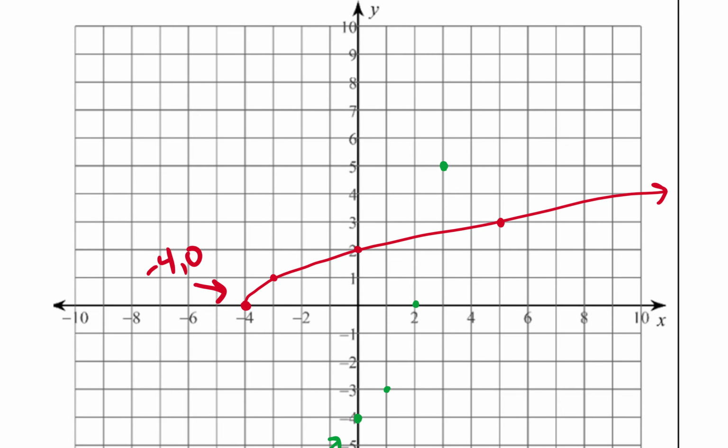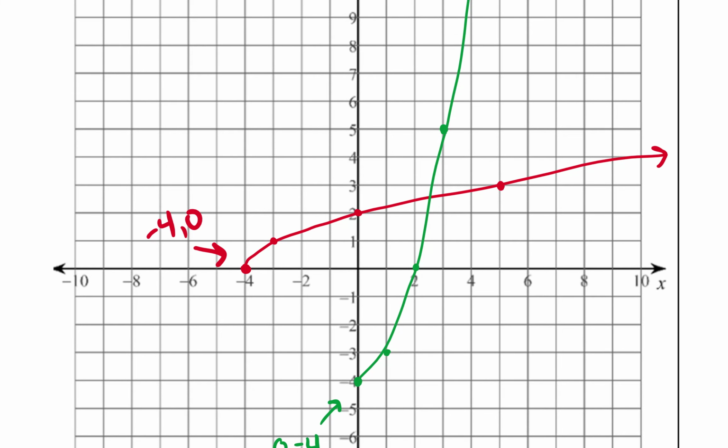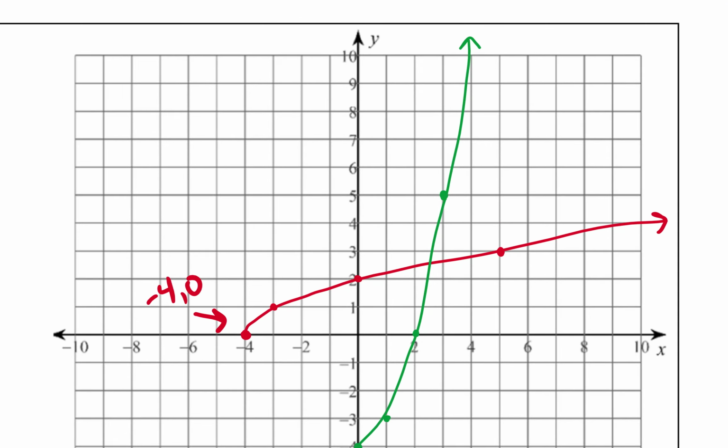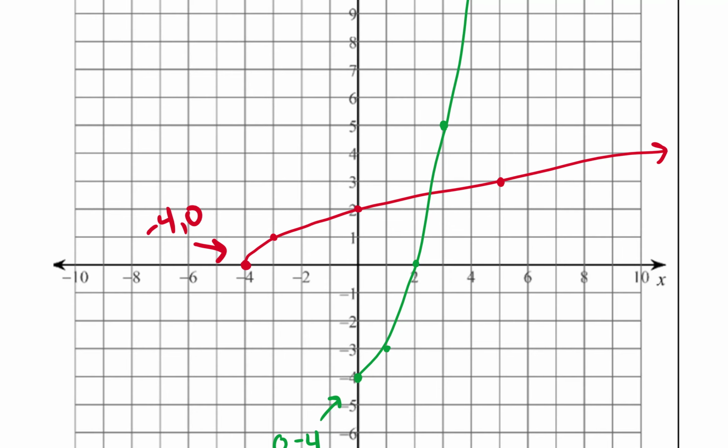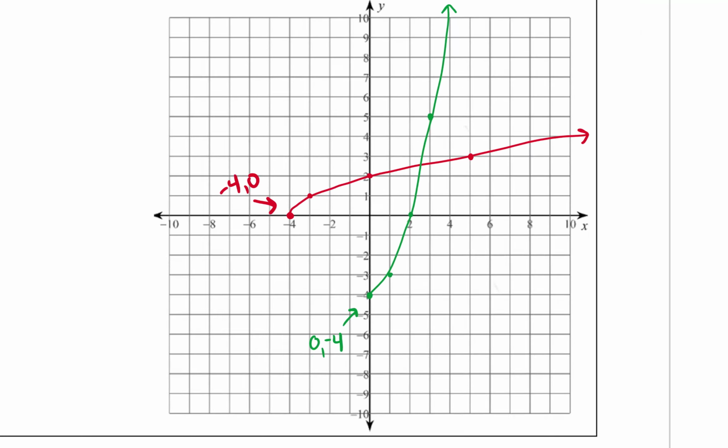So if I do that and connect those dots, and you can do both sides if you want to, I'm only going to do the right side because on the square root we only went up to the right, and so on my other one I want to go up to the right. Same thing. I can't really do this on here, but if you turn your paper, let me zoom out a little bit so I can show you.